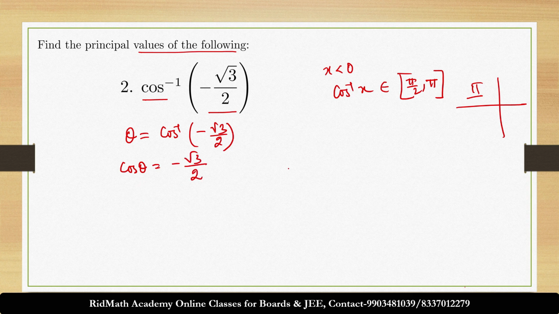So that means what is theta? Theta equal to 5 pi by 6. So let's check whether cos 5 pi by 6 equals minus root 3 by 2 or not.